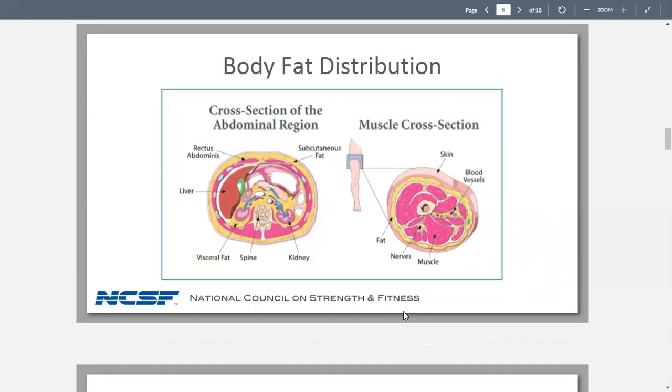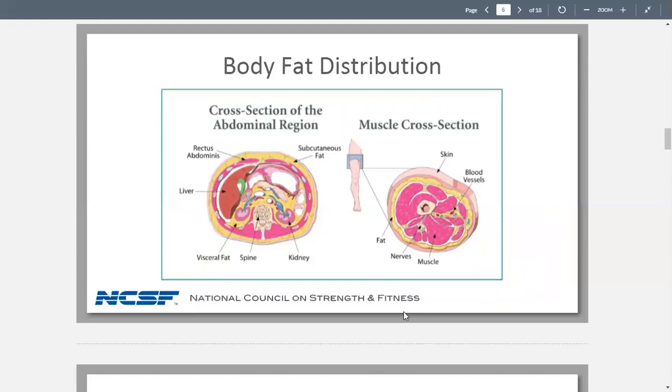You also have your visceral fat behind the liver, and the spine is directly behind some fat as well. And you have the kidneys there, centrally located next to the spine.